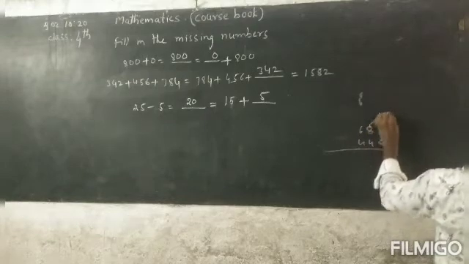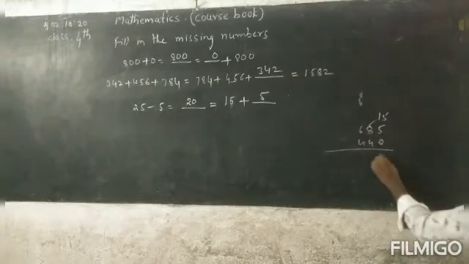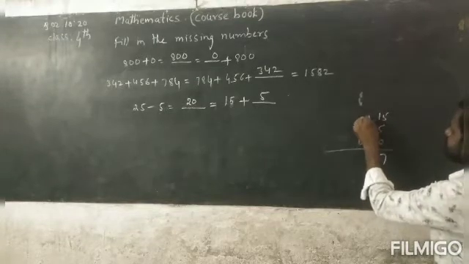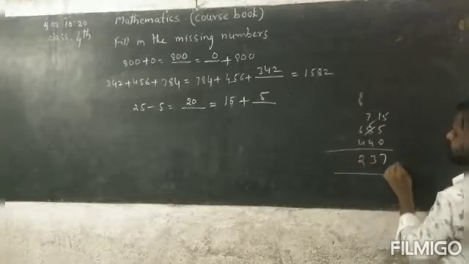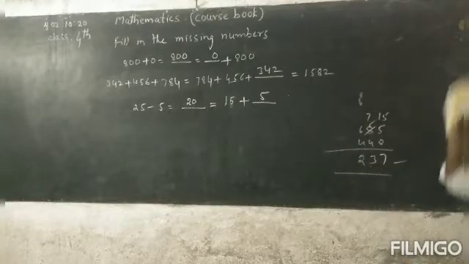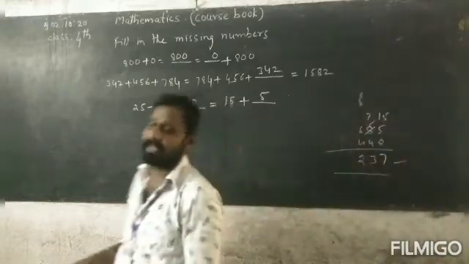Then here 15 minus 8 is 7. Next, 7 minus 4 is 3. 6 minus 4 is 2. So 237.